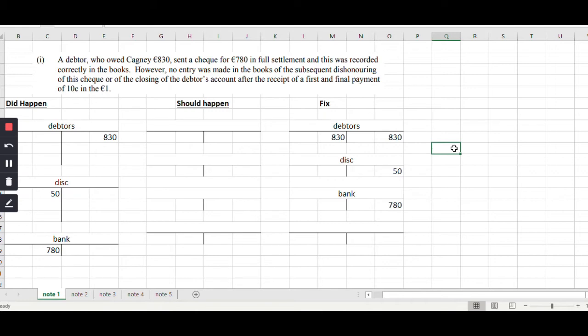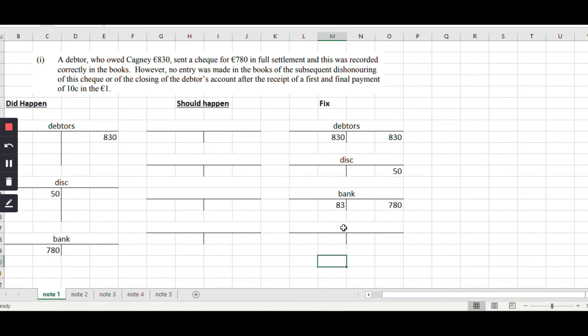What else happened? A cheque was sent for a first and final payment of 10 cent in the euro. So basically for every euro owed, 10 cent was given. So 10% of 830, 83 euro was debited to the bank account.